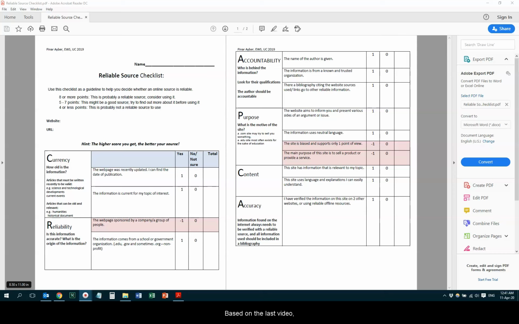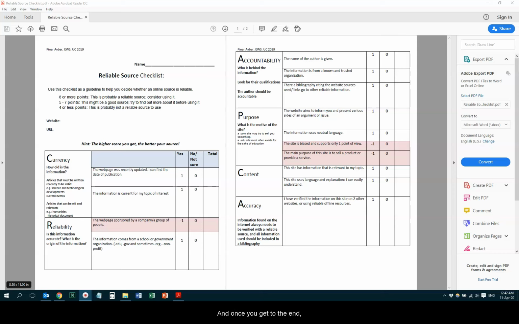Based on the last video, we learned about the CRAAP method of checking to see if your sources are reliable. So what we have here is a table that looks at different characteristics of sources, and if you go through each one, you'll see that there is a point system.